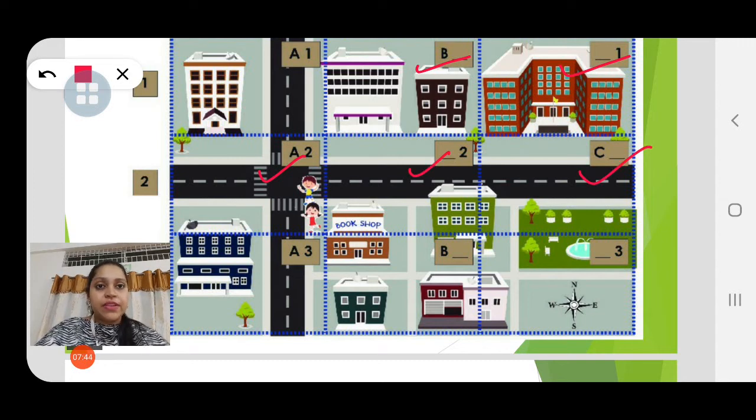So with the help of these blocks we can easily find places where we want to go, or if we want to tell someone where a place is, then we can use the names of these blocks. So in this way maps of smaller areas are divided by straight lines, and these straight lines divide the place into equal squares. Okay children, and they help to find places easily.